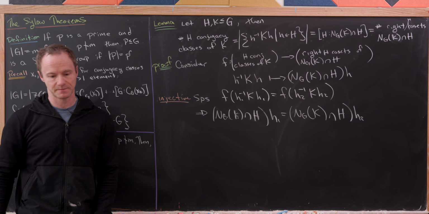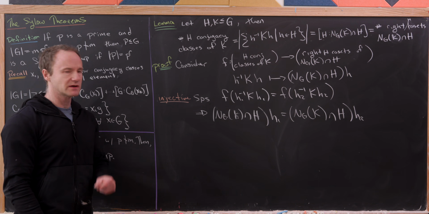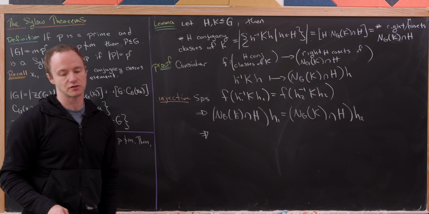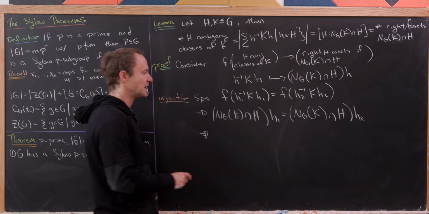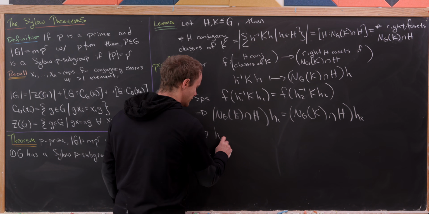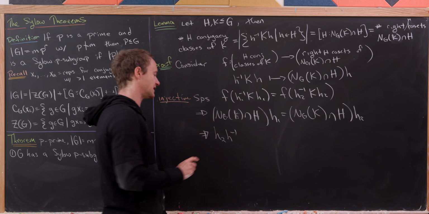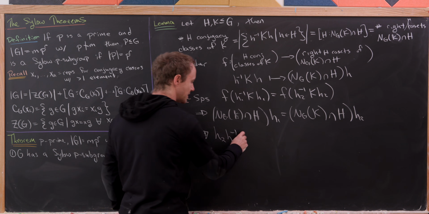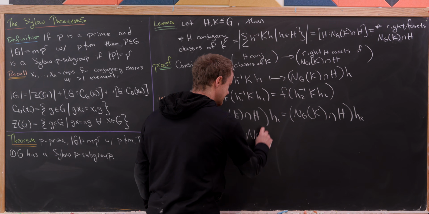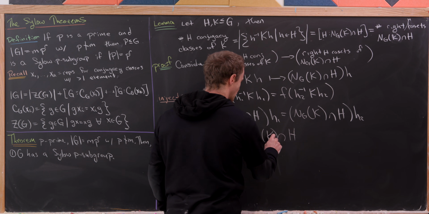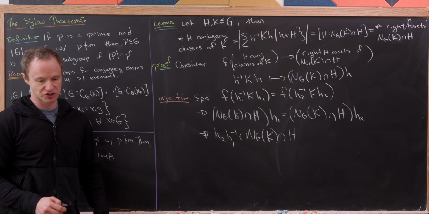Okay, nice. But now we know something about coset equality from when we first learned about cosets and normal subgroups and the like. Two right cosets are the same if and only if you take their representatives and combine them like this. So h2 inverse h1, you get something inside of the subgroup. In this case, the subgroup is this pretty gnarly thing, which is this normalizer intersected with h.